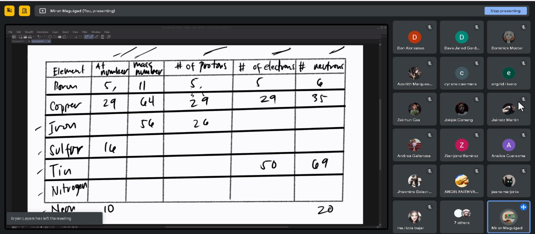Okay. Anuhan na natin to. Sagutan ko na. So, protons same as electrons: 26. So, 56 minus 26 is 30. Then 16, 16, 16.